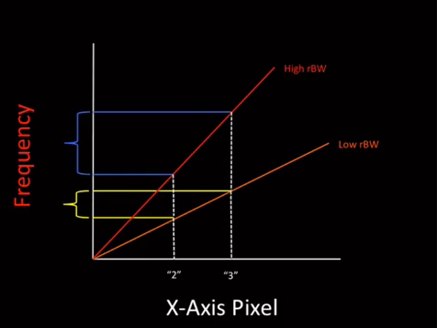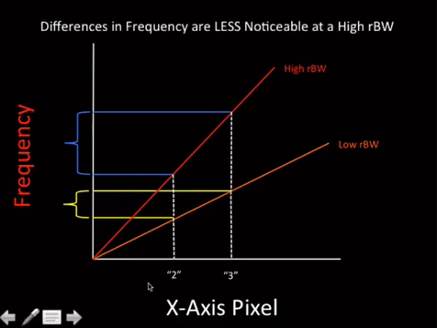In other words, this is a big change here, right? And this is a small change here. Yet we got the same difference here, the same distance here. In other words, differences in frequency are less noticeable with a high bandwidth. Because if we put the same distance down here on the low one, then we would have gotten them spaced out more.